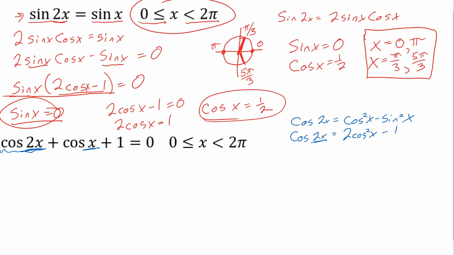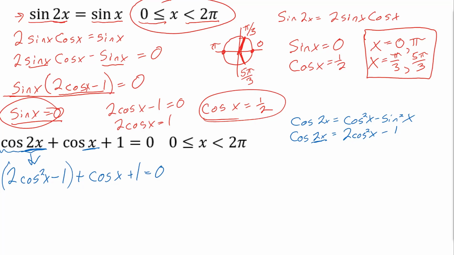So I'm going to replace this cosine 2x with 2 cosine squared x minus 1. That's a direct replacement. And then I'm just going to copy down what I have left. Cosine x plus 1 equals 0.